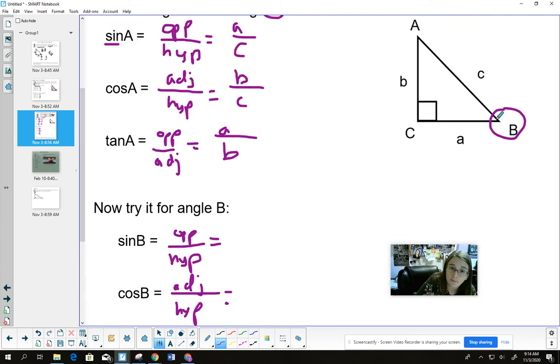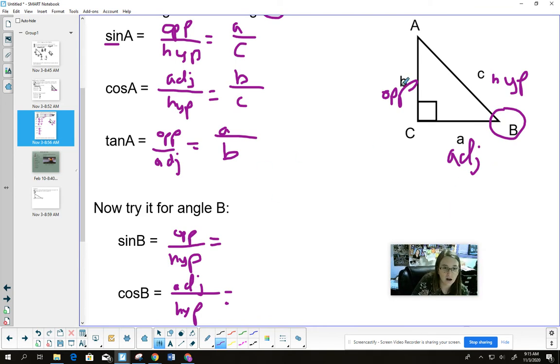Okay, so B, little b, is now the opposite. Again, I'm looking differently now. So based on this perspective, that's the opposite side. C is still the hypotenuse because the hypotenuse doesn't change. A is now the adjacent. So hopefully you can understand when we change the angles we're looking at, the opposite and the adjacent just switch.